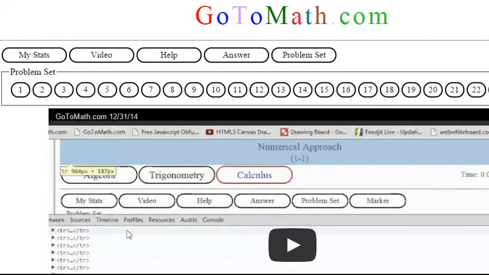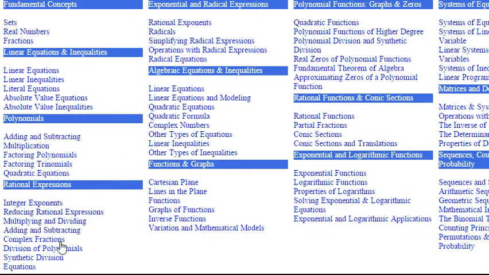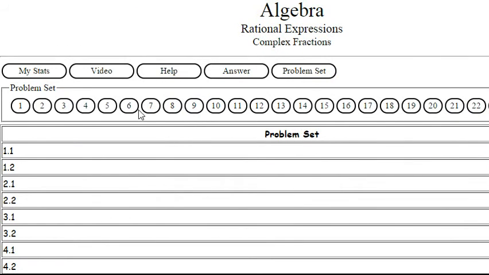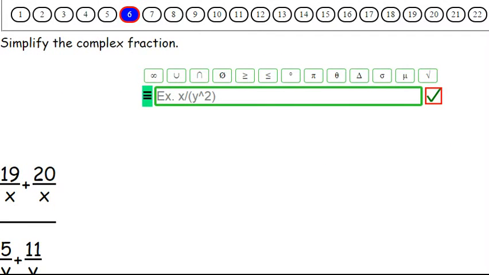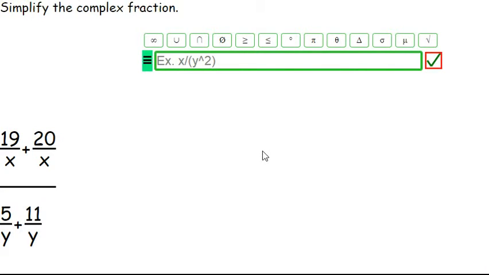Okay, we're here at gotomath.com. Click on algebra. Let's go down to complex fractions, and we're looking at 6.1. Whoa, what is all that? Simplify the complex fraction. So we've got 19 over x plus 20 over x, and that's all over 5 over y plus 11 over y.